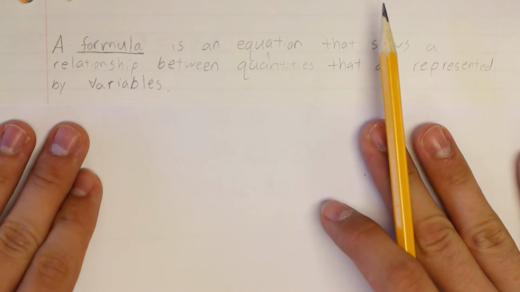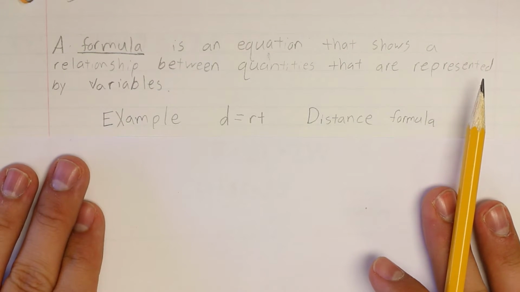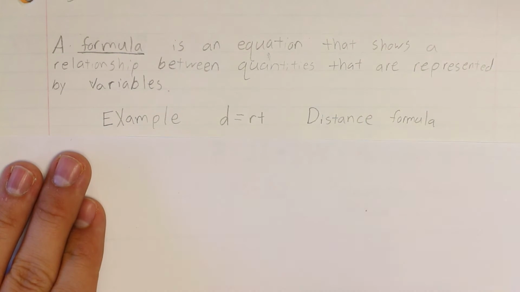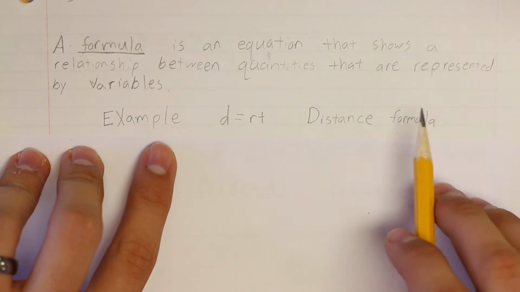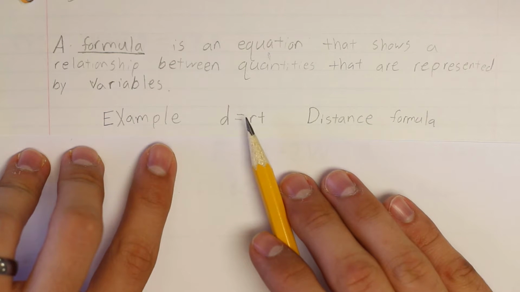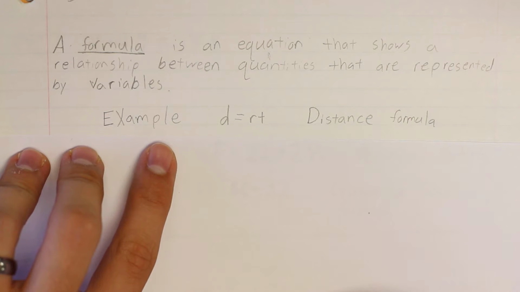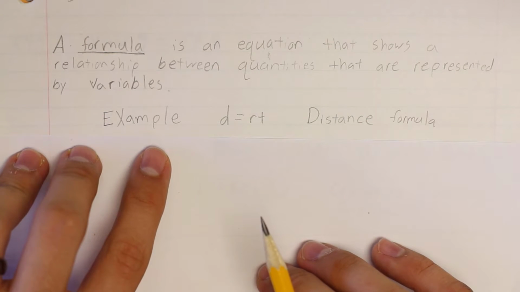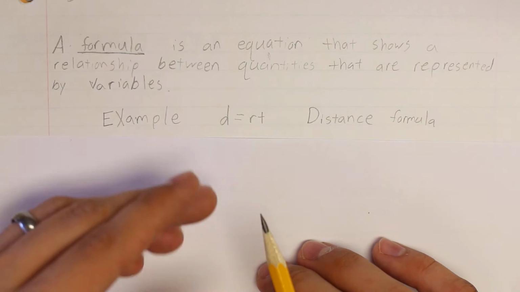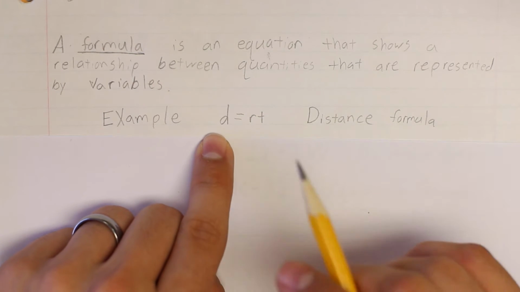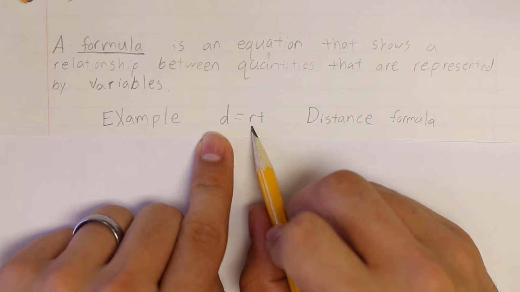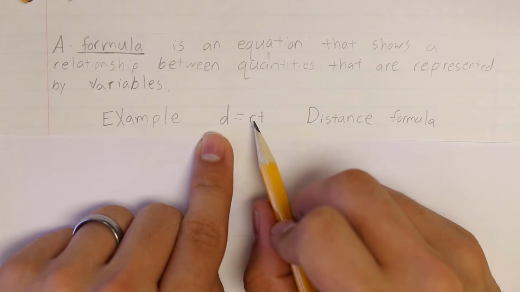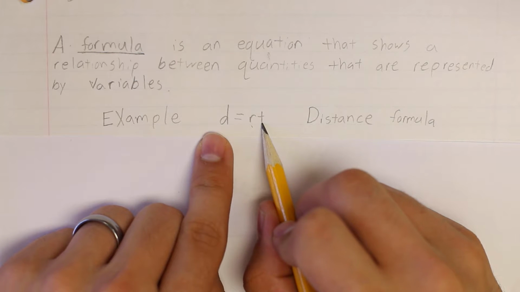Let's look at some examples of formulas. Here, as an example, is the distance formula. You have D is equal to RT. This is a formula that shows the relationship between the distance traveled, and the rate, or the speed at which you're traveling, multiplied by the time.